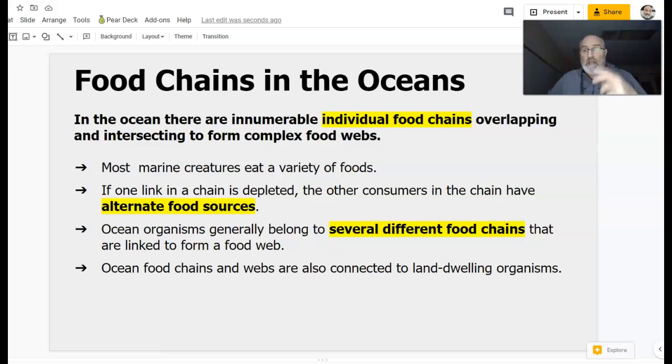And we should be happy that there are food webs in the ocean, just like there are food webs on the terrestrial portion of Earth, simply because it means that if one organism happens to die or go extinct, the entire ocean doesn't collapse. Most organisms belong to more than one food chain, which means that overlappingness, that mesh of animals, is unlikely to collapse simply because one organism is removed from the food chain.